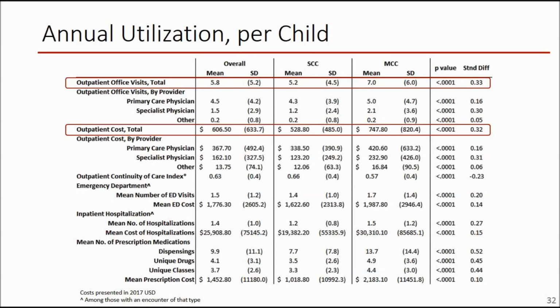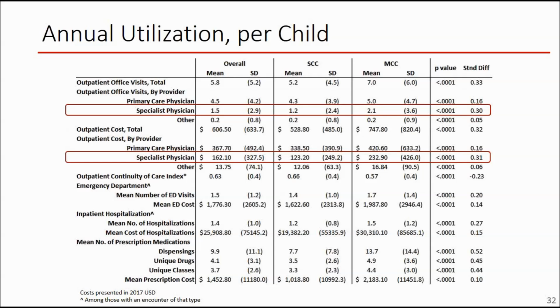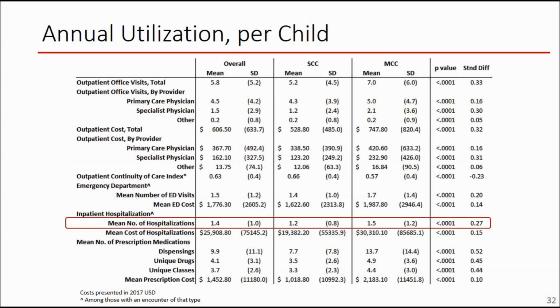Children with multi-morbidity have more outpatient office visits than children with a single condition. This is primarily driven by specialty care. They have higher utilization of specialty providers as opposed to primary care providers, as well as higher costs, a little less than double the cost incurred via specialty providers as opposed to primary care.